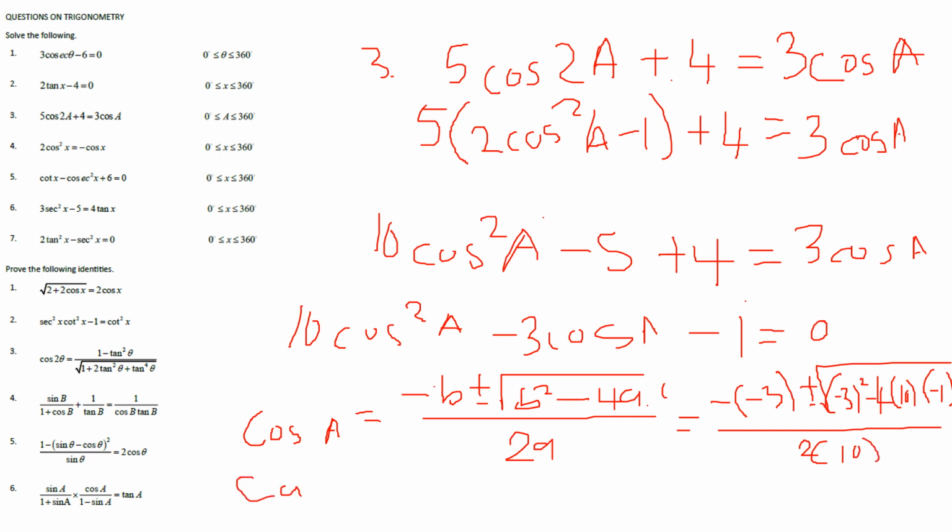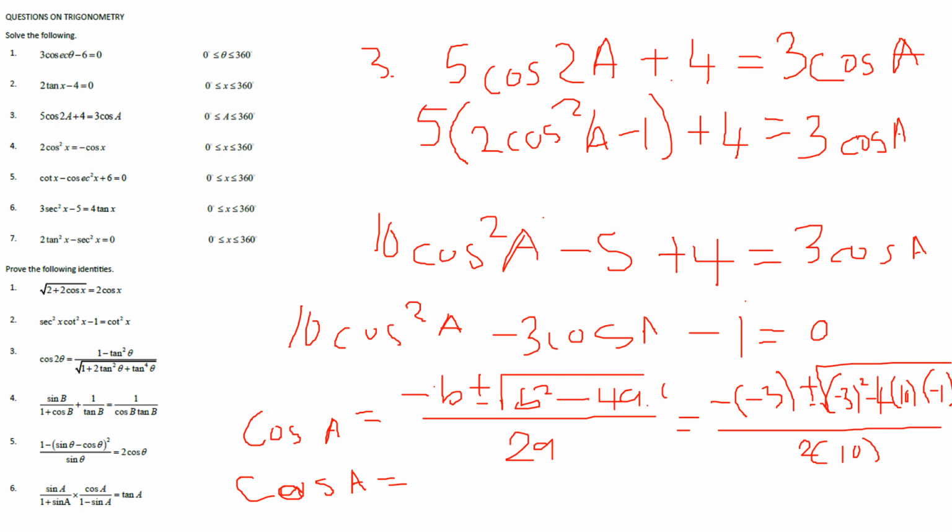You get the value of cos a. Okay, let me just punch this here on the calculator very fast. It's negative 3 into negative 3 plus square root of 3 squared minus 4 into 10 into negative 1, all over 2a, all over 2 multiplied by 10.